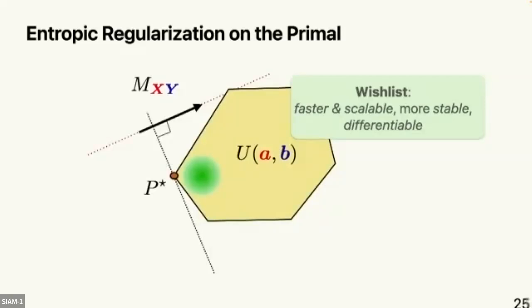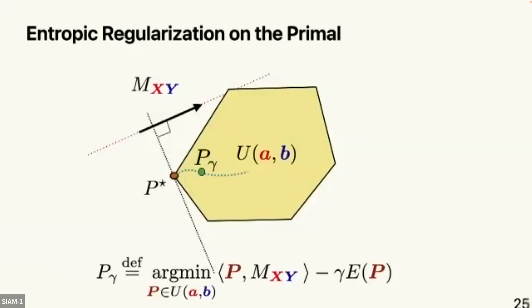And there's another element that I'd like to underline here, this notion of differentiability. I would like to have a solver that outputs a P star that is going to be better defined, maybe uniquely defined, and has meaningful derivatives with respect to the inputs. So this is what we get using an entropic regularization.